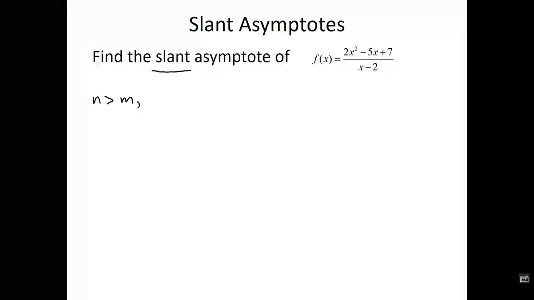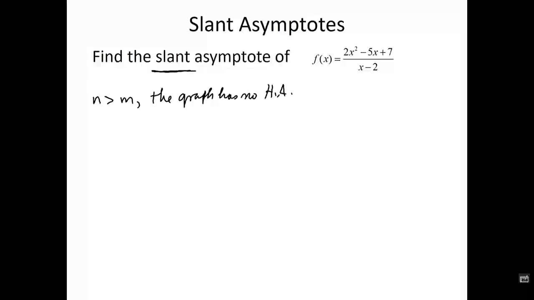We concluded previously that the graph has no horizontal asymptote. All right. But it does have what we call an oblique or a slant asymptote.